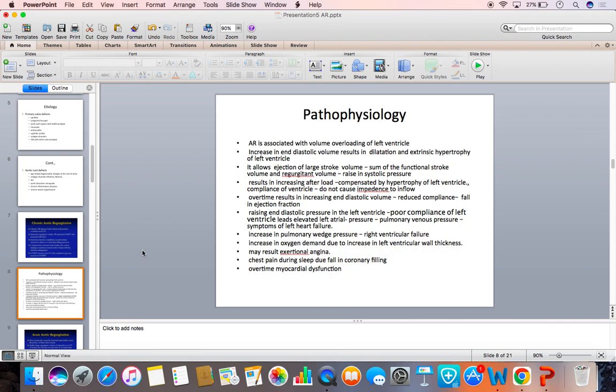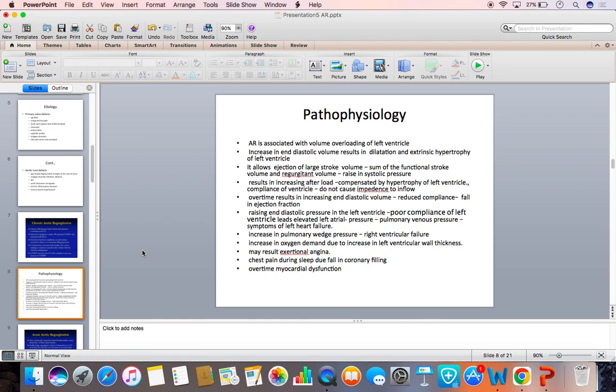So over time, there is increased oxygen demand due to increased left ventricular wall thickness. Okay, so that is not met by the coronary filling during diastole, which results in exertional angina. Chest pain during sleep occurs due to fall in the coronary filling.